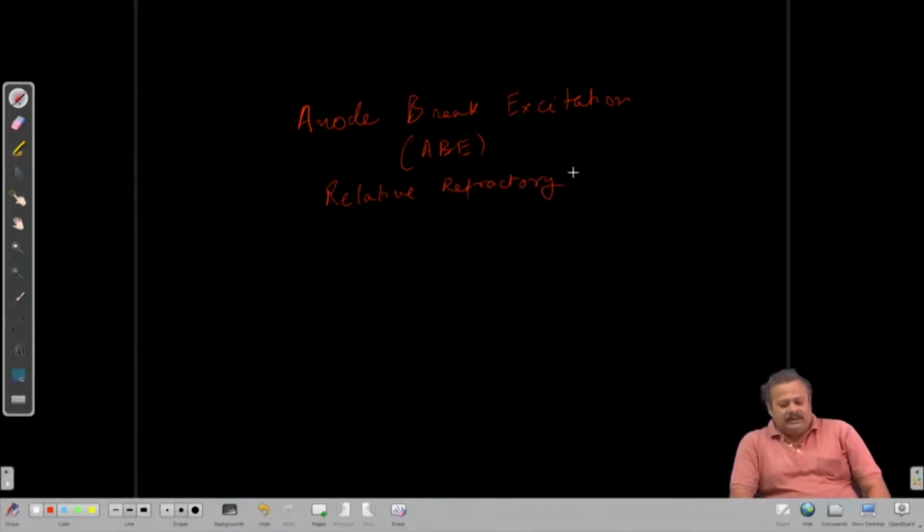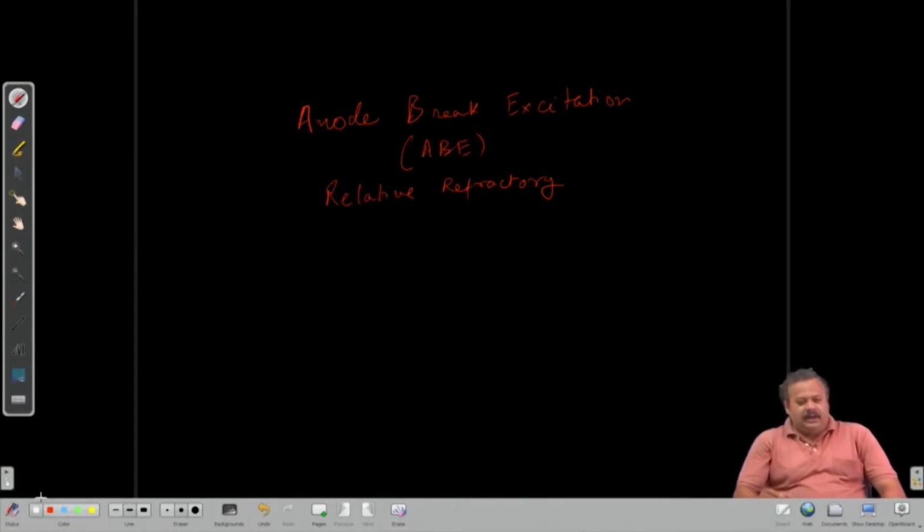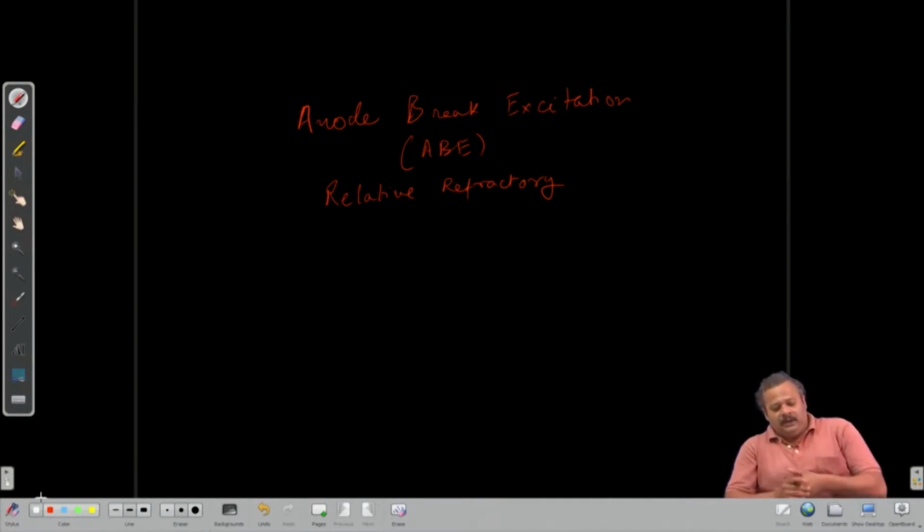So, what are these things? Anode break excitation, as the name suggests: these were first experimentally observed, and then the Hodgkin-Huxley equations were able to explain this behavior.